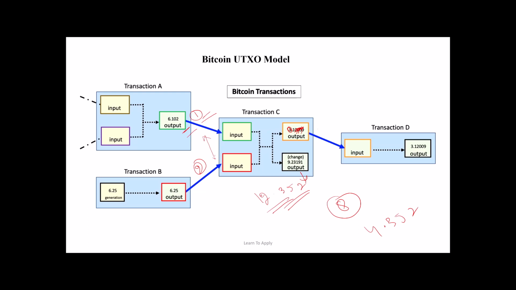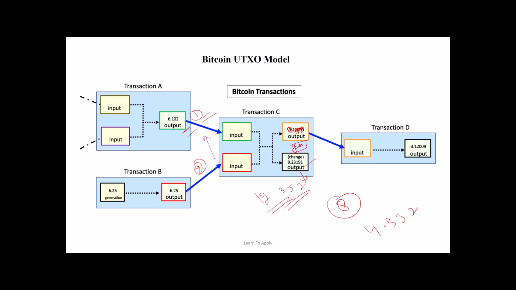That is, we have 10 bitcoins, we want to send 7, but a single UTXO does not help. We have to use 2 UTXOs, and whatever is left, we create another output for that, called change, and whatever we want to set, we can have another output as a fee. If we don't specify anything, then that will be taken as a transaction fee, and that goes to the miners.